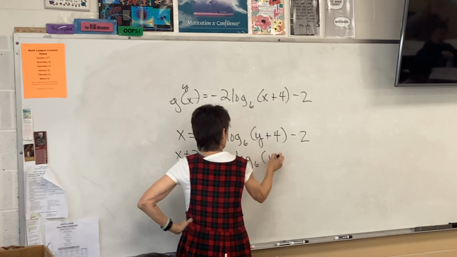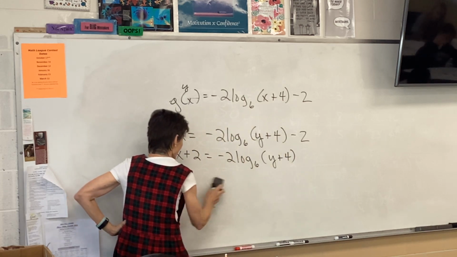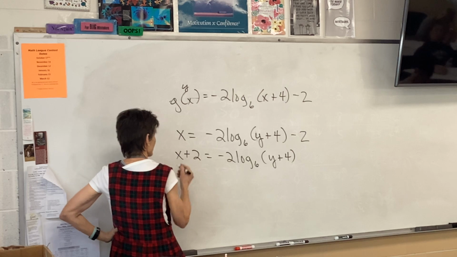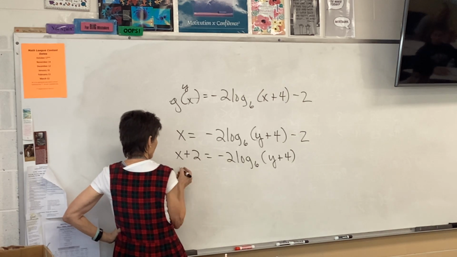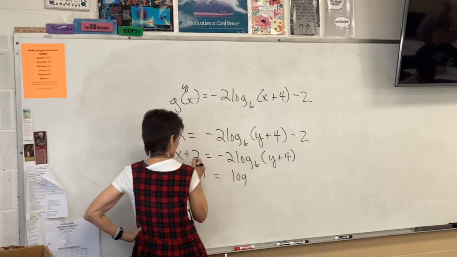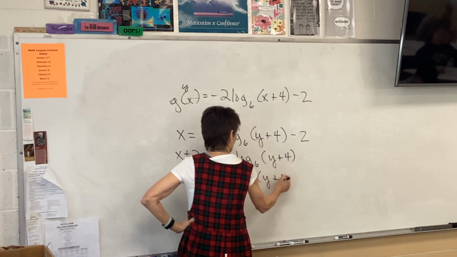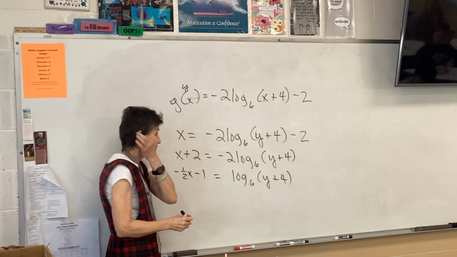And then divide by -2. And you can either do that all in one chunk or you can separate it. If you separate it, it would be -1/2 x minus 1. Or you could leave it as one big fraction, x plus 2 over -2, it doesn't matter. Okay?